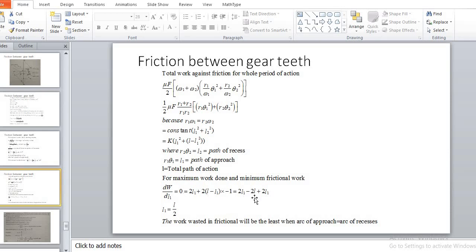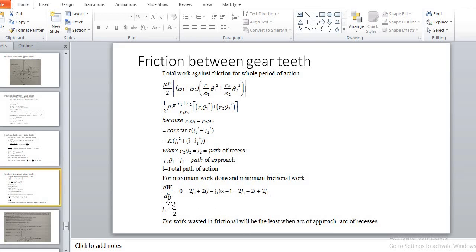We get 0 equal to 4L1 minus 2L, and after simplification L1 is equal to L by 2. So the work wasted in friction will be least when the arc of approach and the arc of recess are equal.